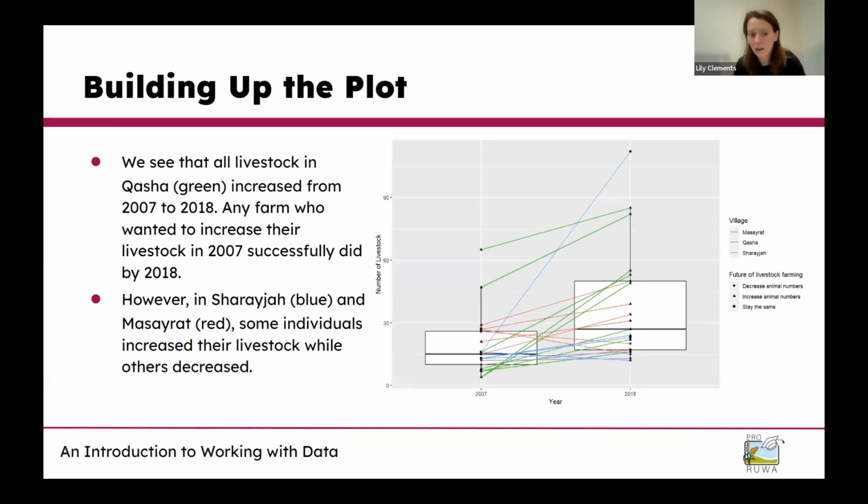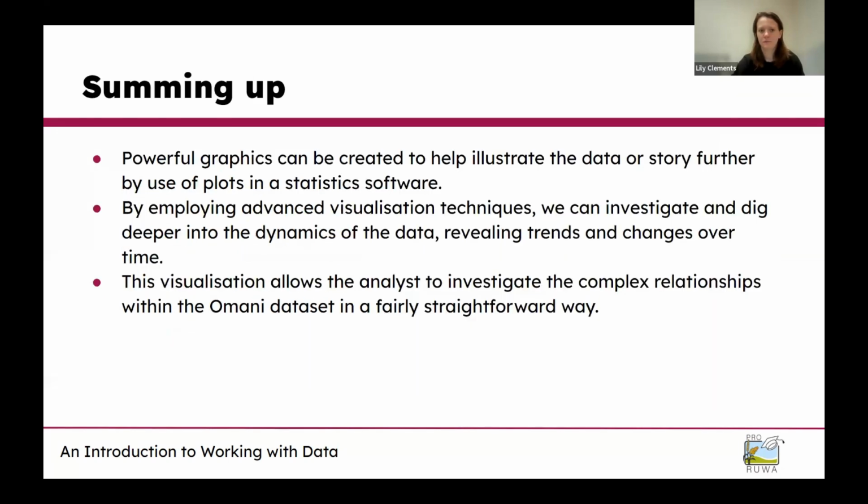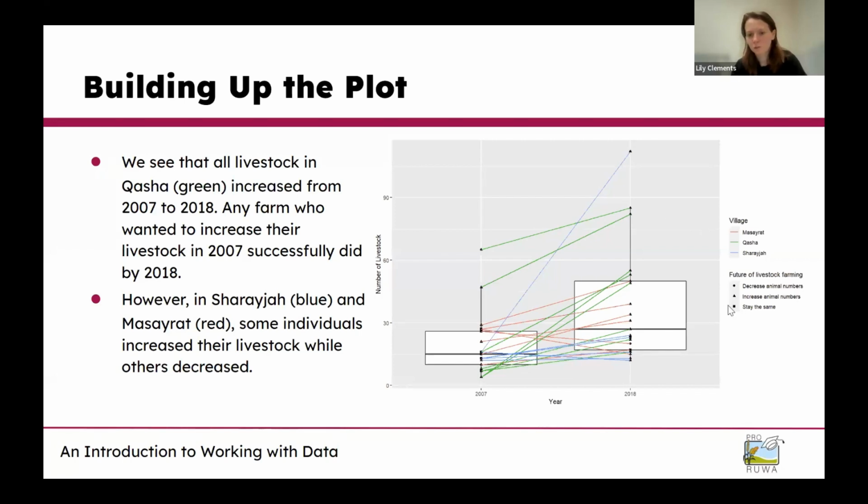However, in our other two villages, which are coded in red and blue, we see that some individuals increase their livestock while others decrease their livestock. So just in particular, we can see that this red line here goes down, that one that we pointed out earlier, someone that now says that they still want to continue to decrease.